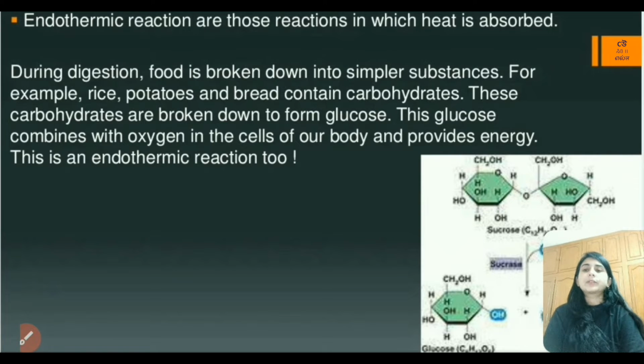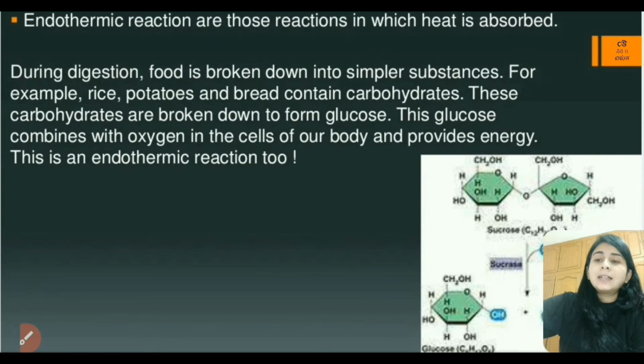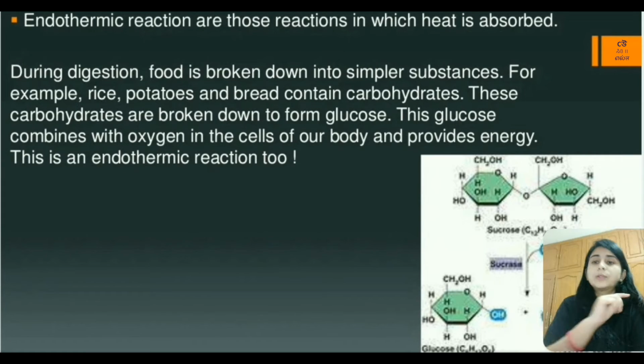This glucose combines with oxygen in the cells of our body to provide energy, and again it's a very good example of an endothermic chemical reaction. So what happens is this glucose has a molecular formula, that is C6H12O6.